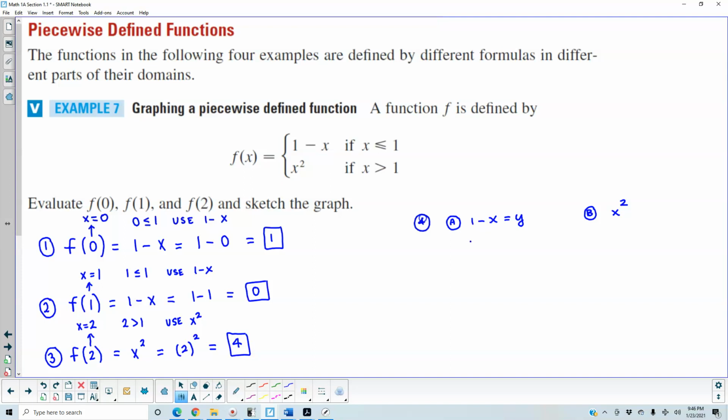If we rewrite this as y equals negative x plus 1, we can determine that the slope is negative 1 over 1, and the y-intercept is (0, 1). So we can graph that.